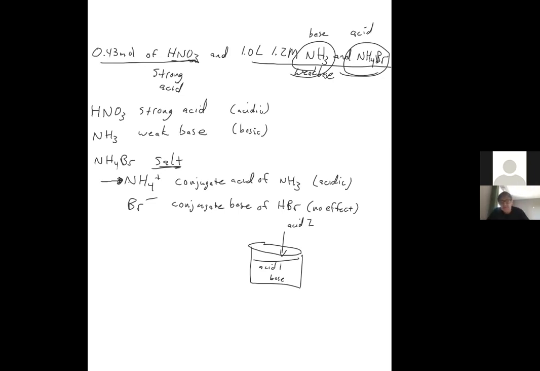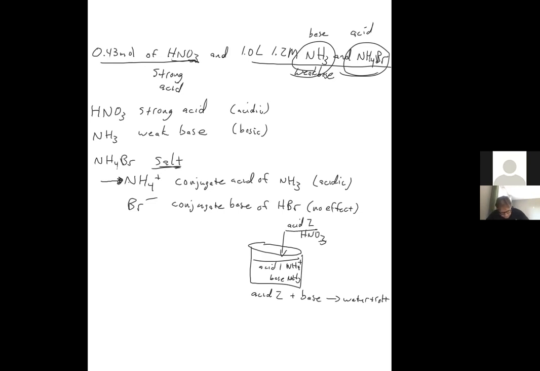Acid 2 is going to pretty much ignore acid 1. Acids don't react with each other in general. There are some exceptions to that. But acids will react with bases. So what will happen is acid 2 will react with base to give you water and a salt. All right. So what's going to happen here is when you add the HNO3, that's your acid 2, to NH4 plus and NH3, HNO3 is going to react with the base.